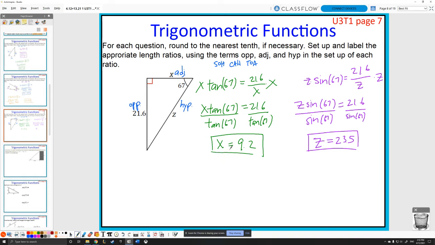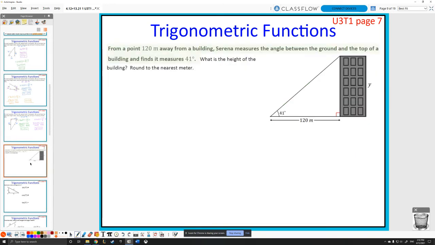Now, just because we're doing trig doesn't mean we always have to calculate something. Actually, sorry, let's not go there just yet. This is a word problem, but it's pretty straightforward. It talks about we're 120 meters away from the building. Serena measures the angle of elevation is 41 degrees. What is the height? So from this angle, this is my adjacent. This is my opposite.